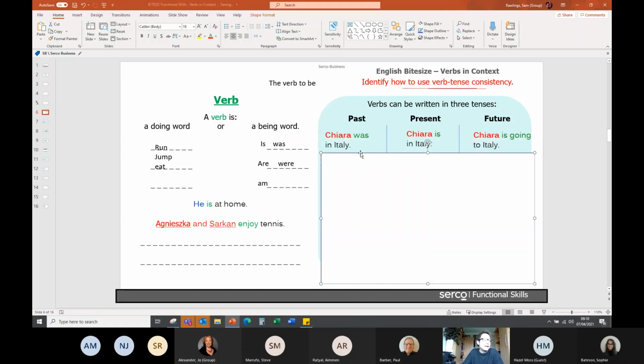And you can see an example here. We've got Chiara was in Italy. So the verb is in green. Chiara is in Italy. The verb is in green again. And Chiara is going to Italy. You can see that the only thing that changes in the sentence is the verb, because that is the way that we set the tense. And there is a lot we could talk about in terms of tense.